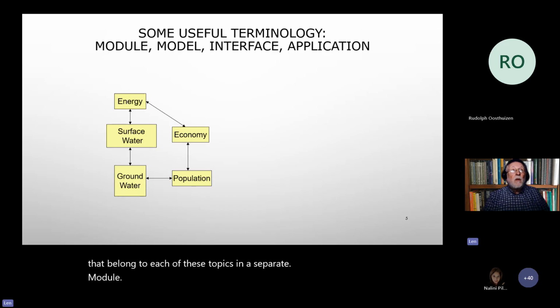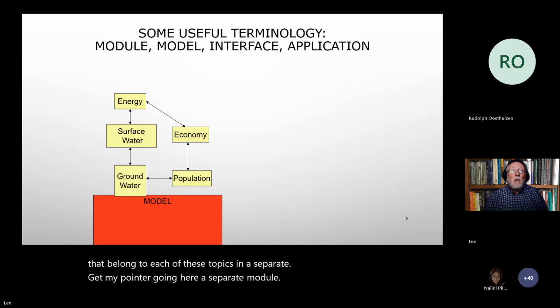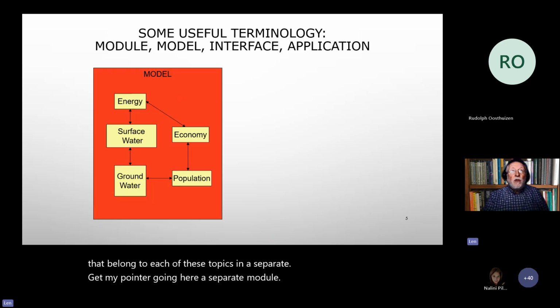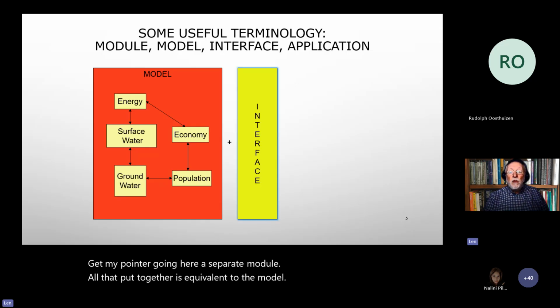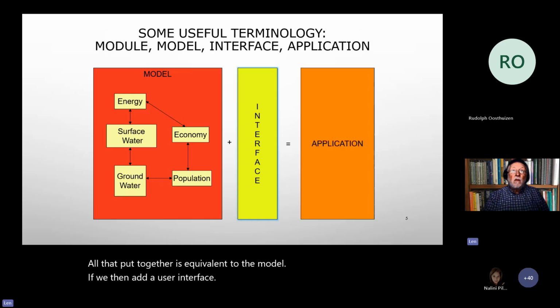Separate module. All that put together is equivalent to the model. If we then add a user interface, we get an application. It's a simplified way to show those text descriptions.